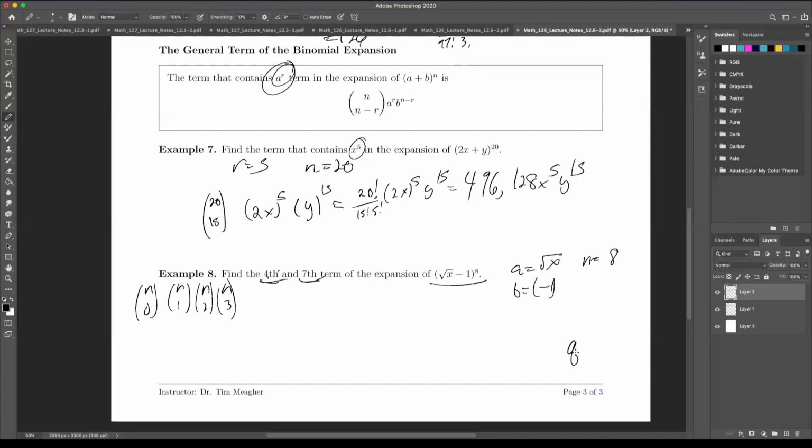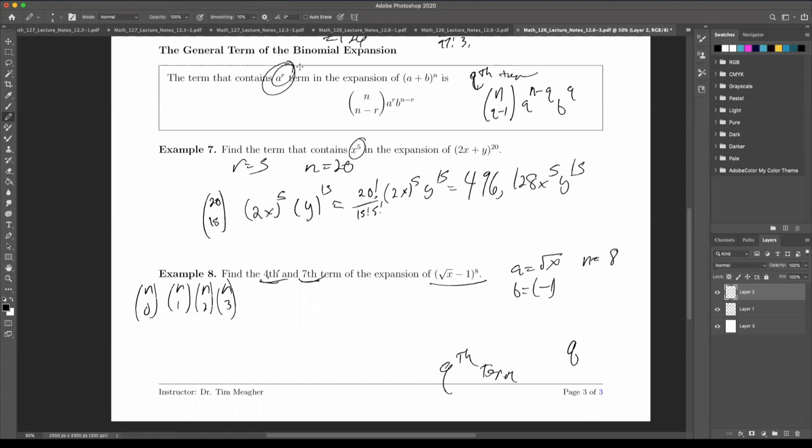And so if I want to find the qth term, the qth term is defined by n choose q minus 1, a to the n minus q, b to the q, okay?